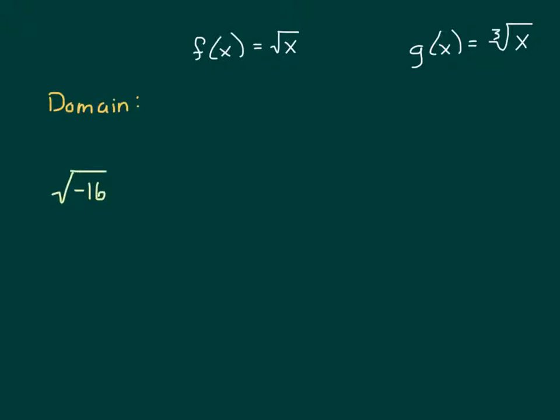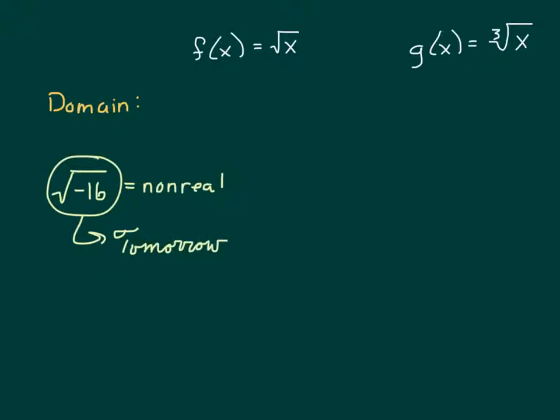Can anybody tell me what the square root of negative 16 is? We're just going to say that this is non-real for today. We are going to deal more with things like this tomorrow. It could be 4i or negative 4i, but for now just say non-real.